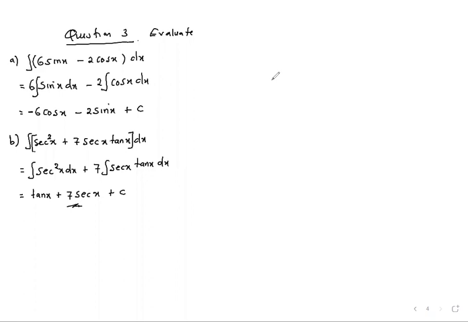Where we have on part A, the integral of cos, the negative is just for the first part and not for the other part.